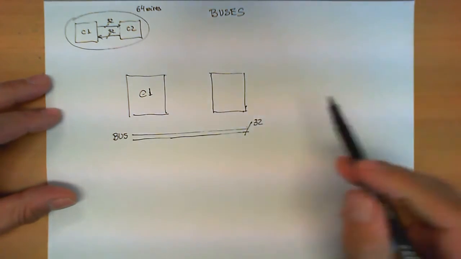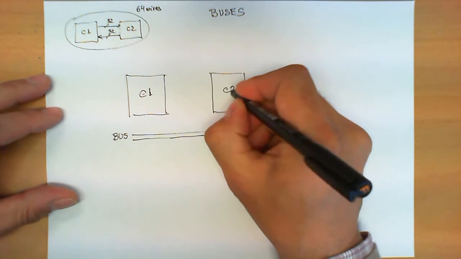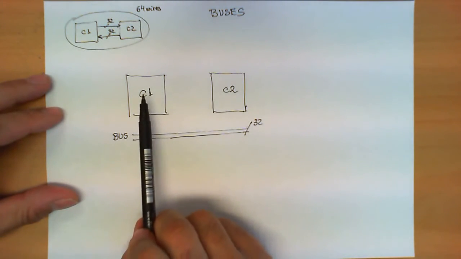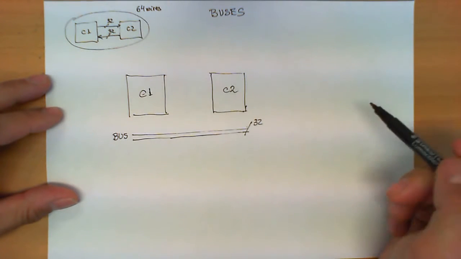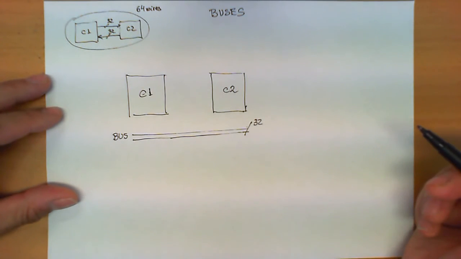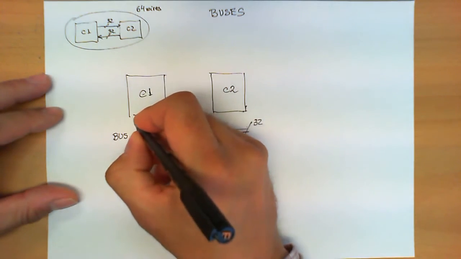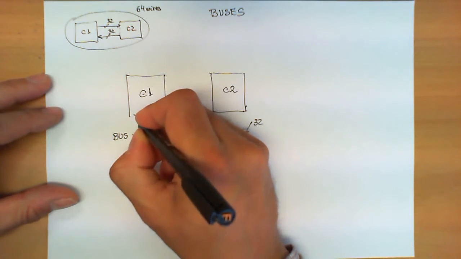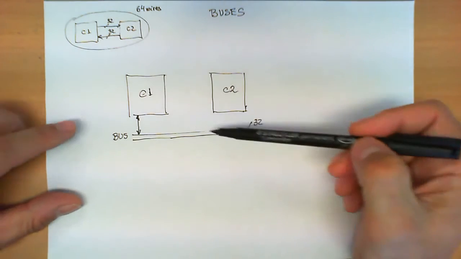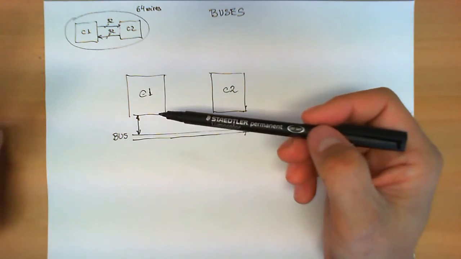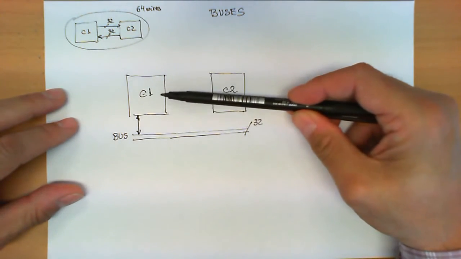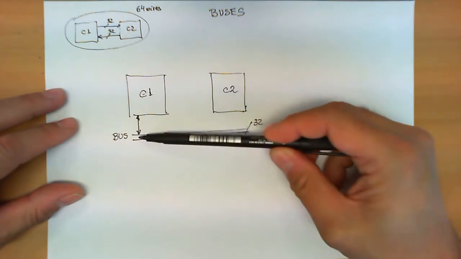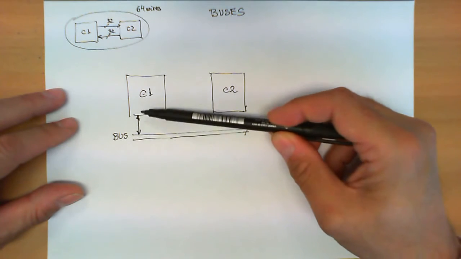Now the idea is for these circuits C1 and C2 to exchange information. In other words, there should be information going from C1 to C2 and from C2 to C1. Typically, the way we represent this is by a bidirectional arrow like this. What this means is that this circuit, over this set of lines, has two possibilities. It either writes a value on these signals so that they are read by the other circuit, or it reads the value from these signals into the circuit.